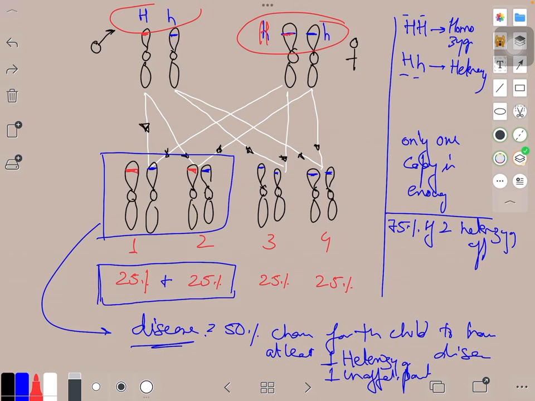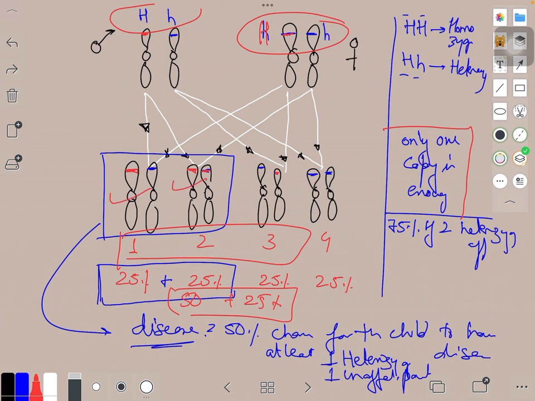So this part would be affected too, and this would be like that. So about 3 of them will be affected, and there will be 50% plus 25% who will have the disease, because as a rule only one is enough. Over here of course it is 2, but again it will give the disease. So it fulfills our criteria, this also fulfills our criteria, this also fulfills our criteria. However, in this case it's not.